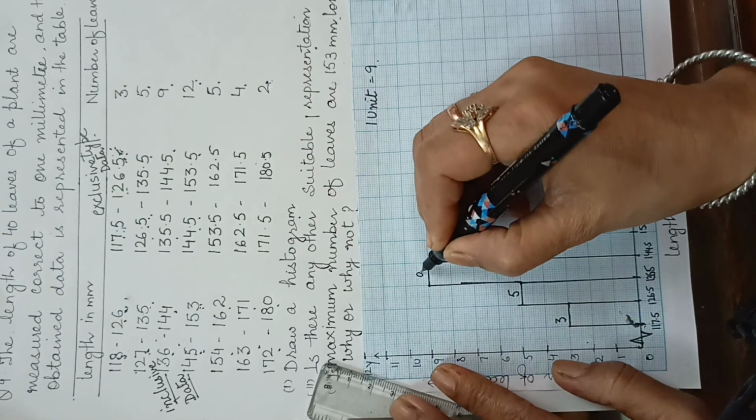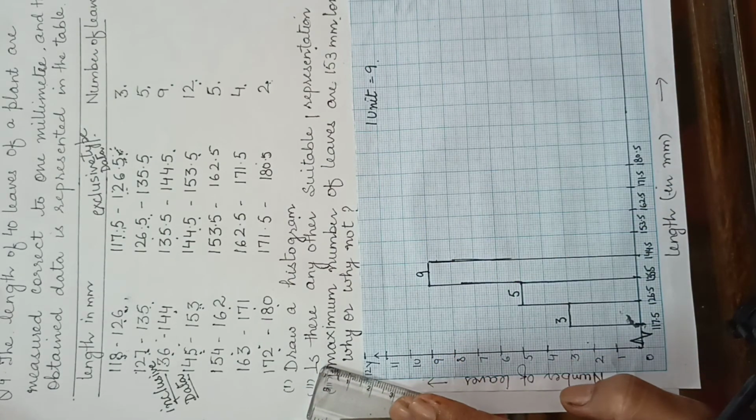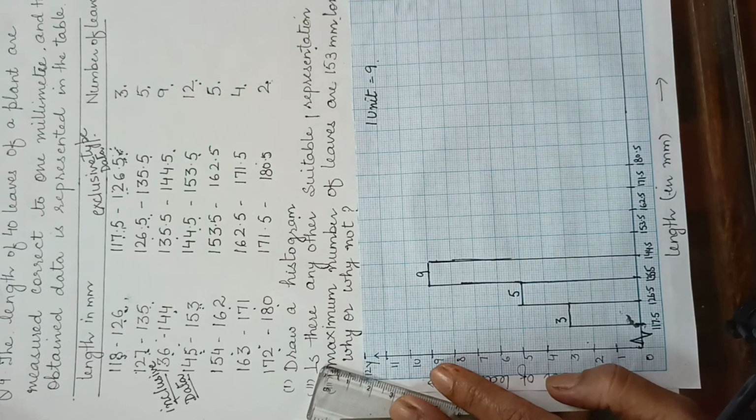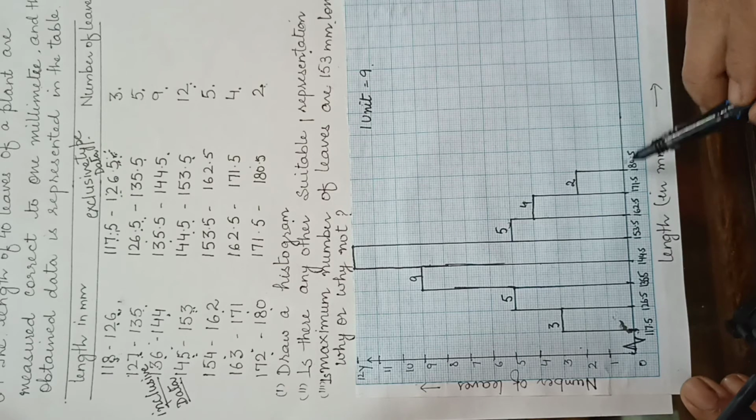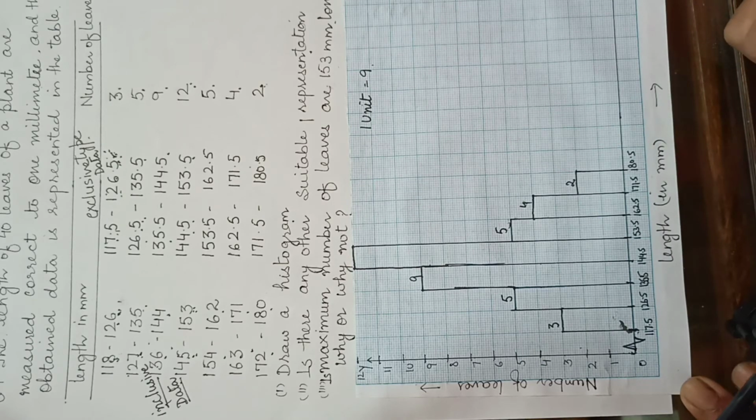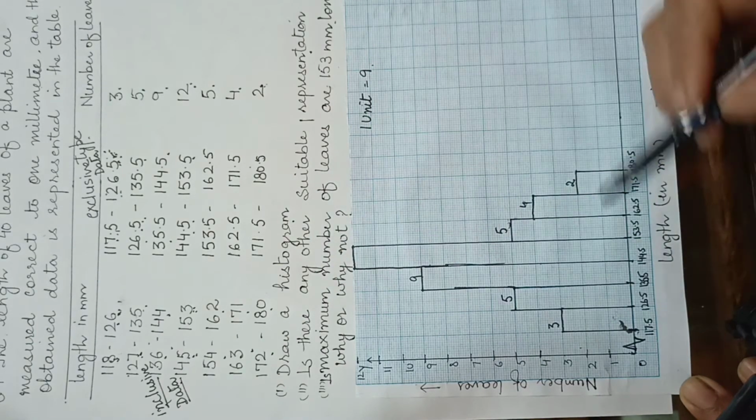So this is taken as 9. Similarly, children, you will complete this histogram. So children, in this way you complete this histogram. And draw a histogram we have done.